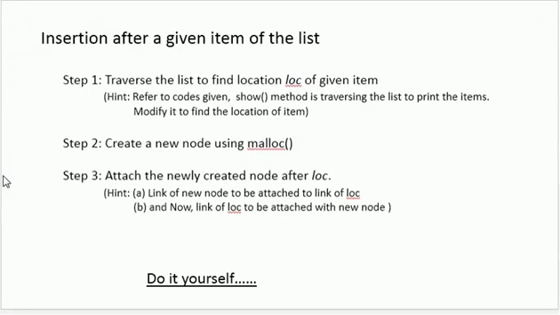Let's say my linked list is containing 10, 20, 40 and 50, and I want to add something after 20. So what will be my logic for this? First of all, I'll have to traverse the list to find the location of this item 20, and then I'm going to add something after that.